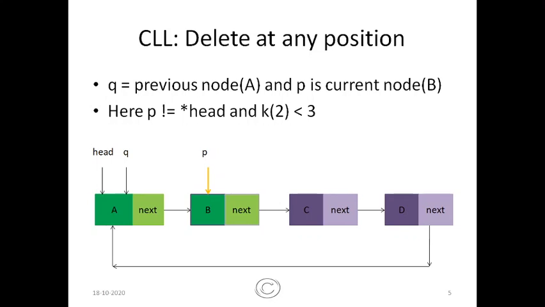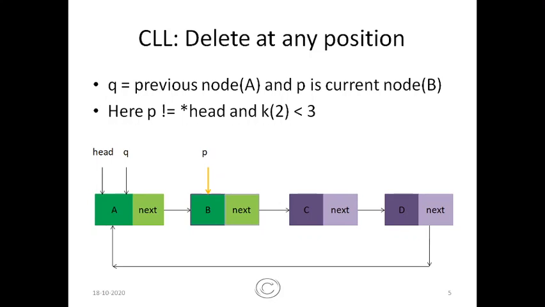Now we are at B. So P is pointing to B and Q is pointing to the previous node A. And already you have incremented that variable k to another value, 2. k is equal to k plus plus, so k plus 1, that will be 2 now.